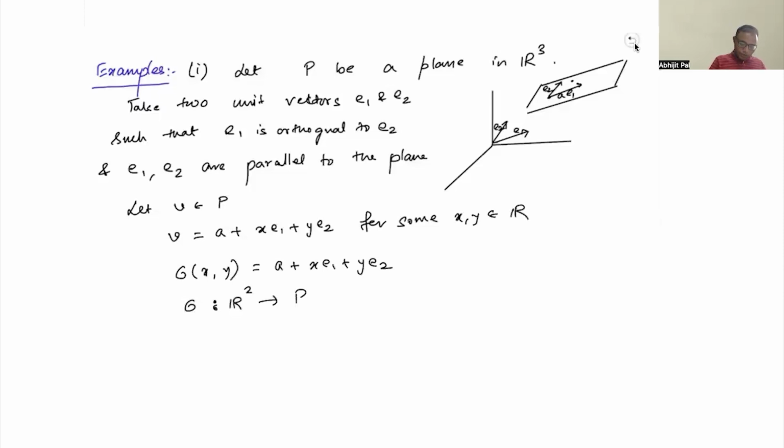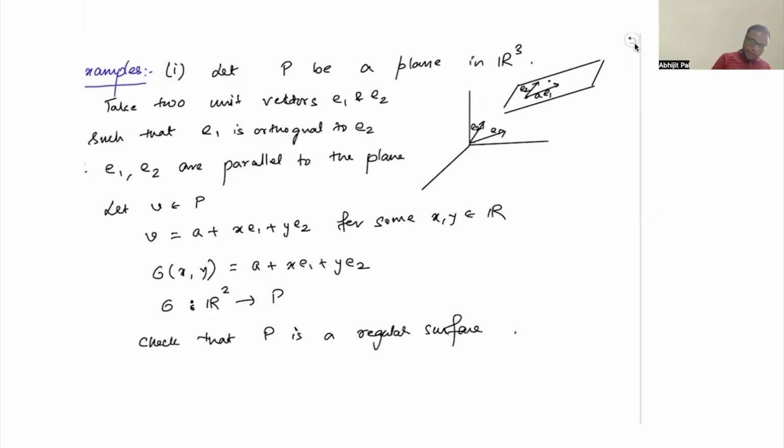Okay, so check that P is a regular surface.